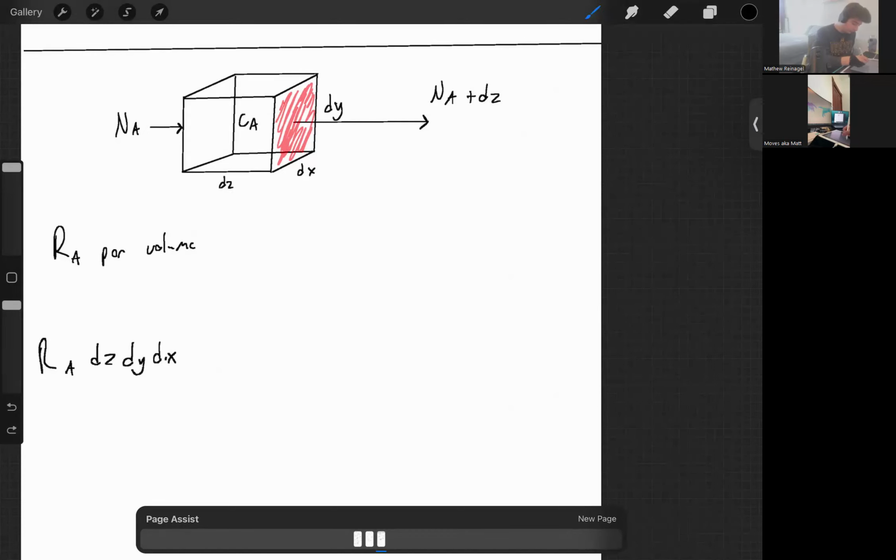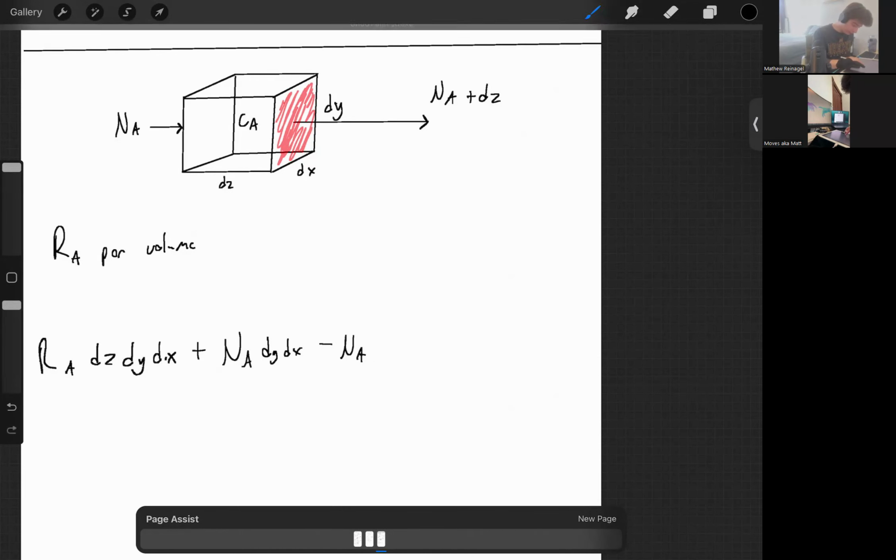So to draw that, I'm going to make this the molar flux of A times the cross-sectional area of dy and dx, and then we're going to subtract the molar flux of A at z plus dz, times dy and dx.